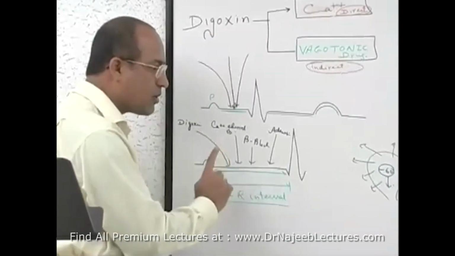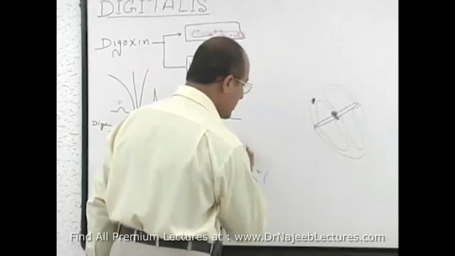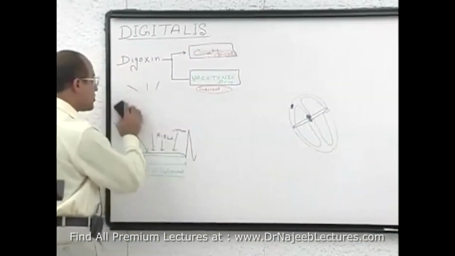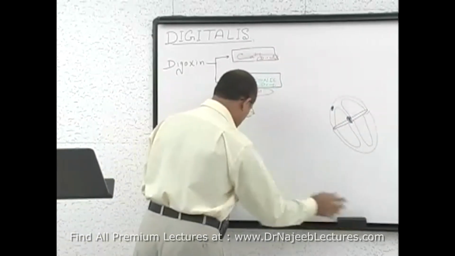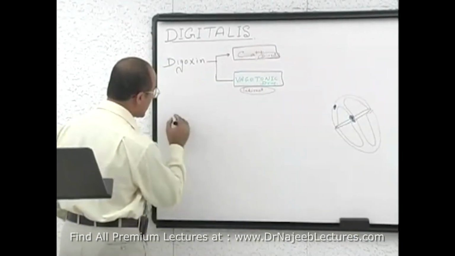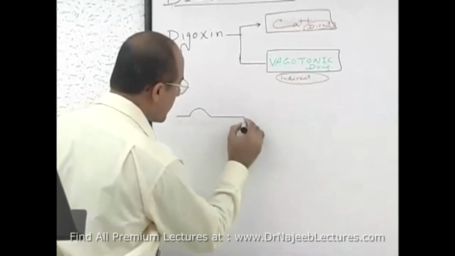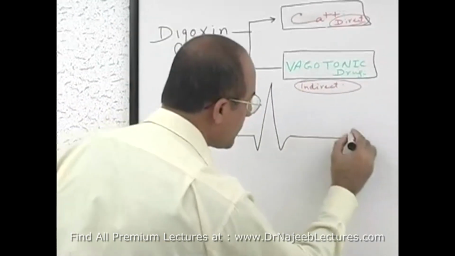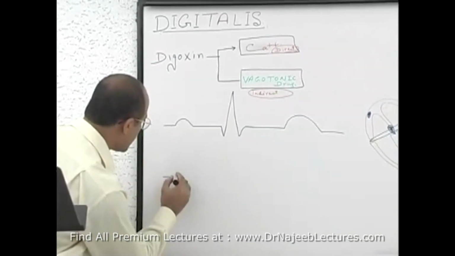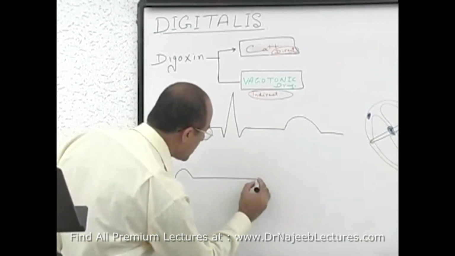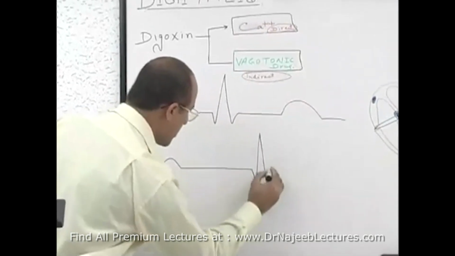But right now we are talking about the action of Digitalis on the ECG. So the effect of Digitalis on the ECG we have talked about right now is that if this is our classical ECG, right? Now what really happens is that this becomes very much prolonged.